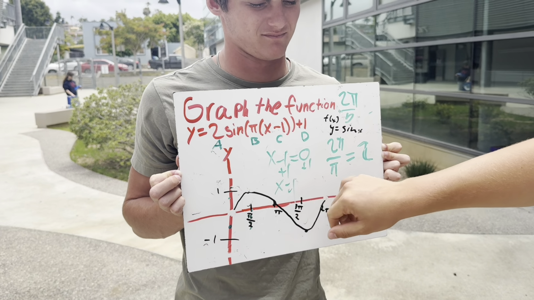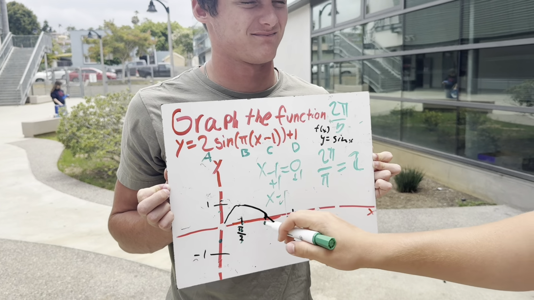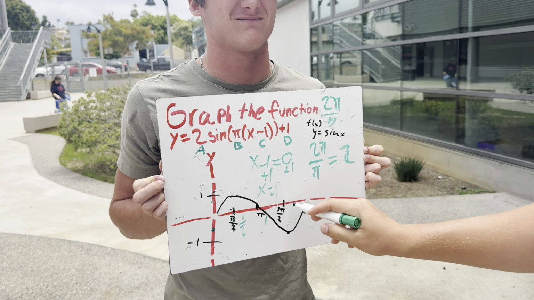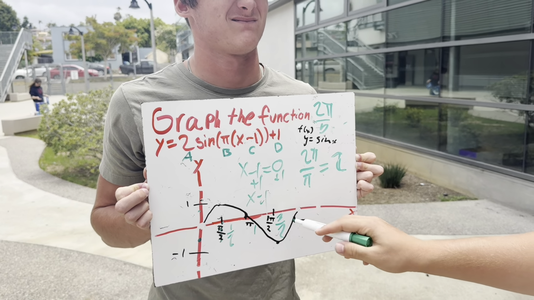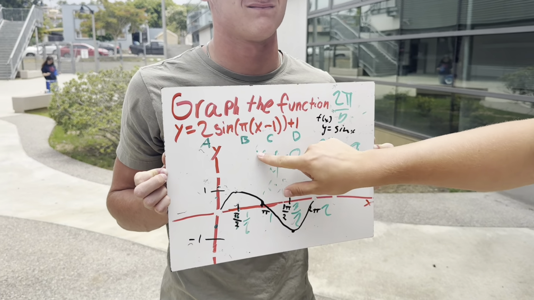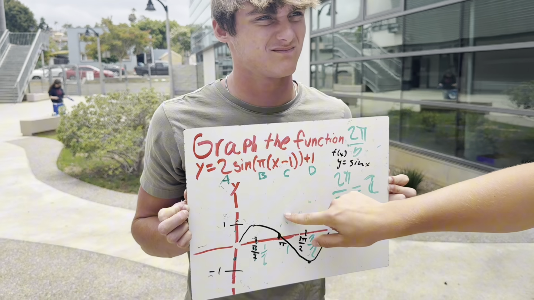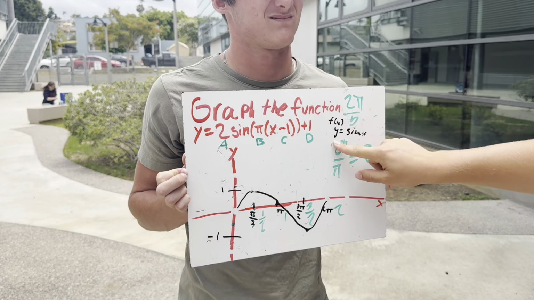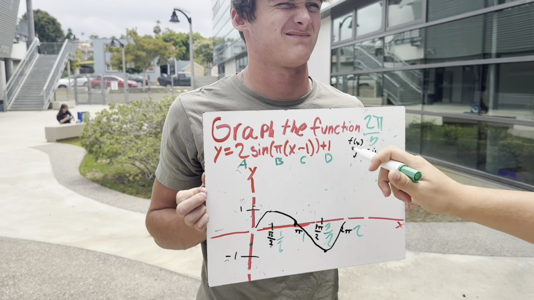We're going to move over x by 1, which means these change: pi over 2 is 1/2, pi is 1, 3 pi halves is 3 halves, and this is 2. Now we have to look at our vertical shift, where we go up 1.